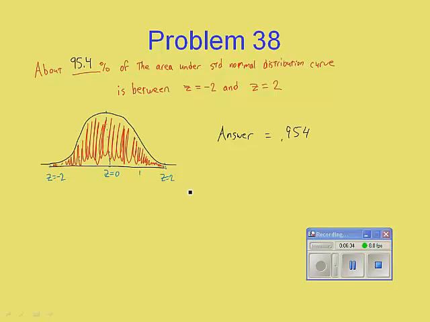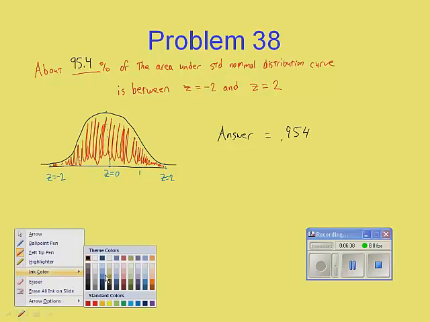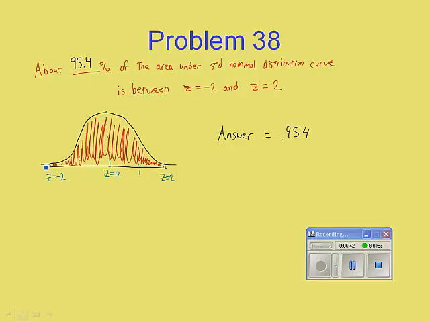How much of the data is more than 2 standard deviations away from the mean in the normal distribution? See, there's a little bit over here, right? And there's a little bit over here. You guys see that? But if you added that up together, how much is that all together? Less than 5%. That's right.